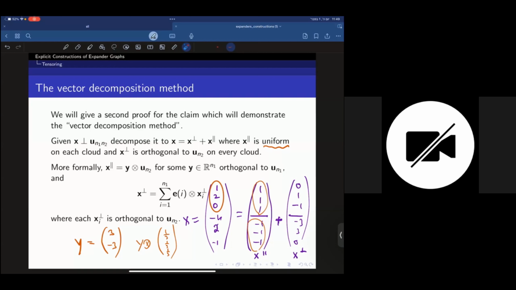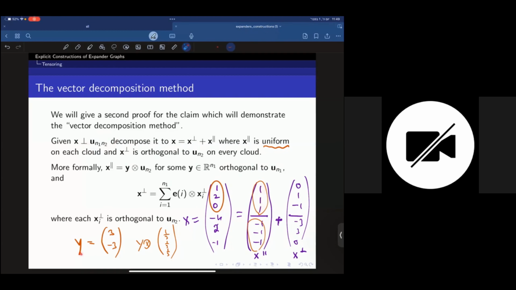But what can you say about y, by the way? You can see it here. Let me erase this part. Right, exactly. It's orthogonal in its small dimension, n1, because x was orthogonal to this thing, and all the entries here are the same.